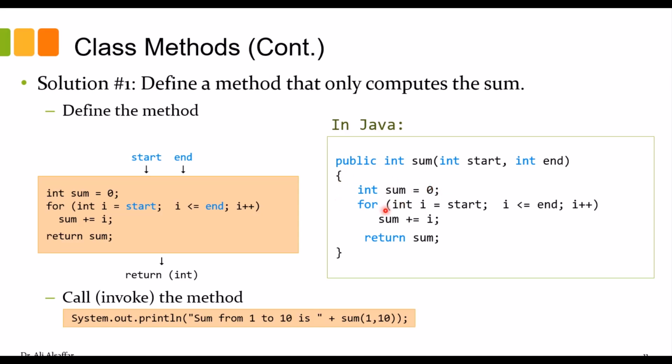And then you write the code inside between curly brackets. And since the method is returning an integer, the compiler expects that you write return inside. So this is the first solution, is that the method only computes the summation and we print the summation outside the method.